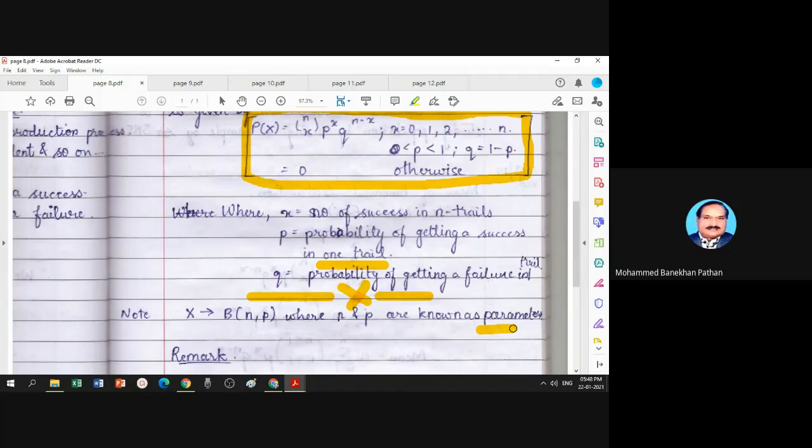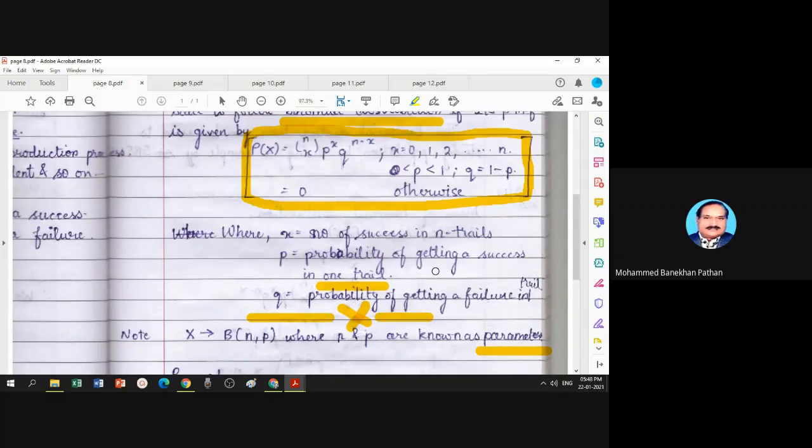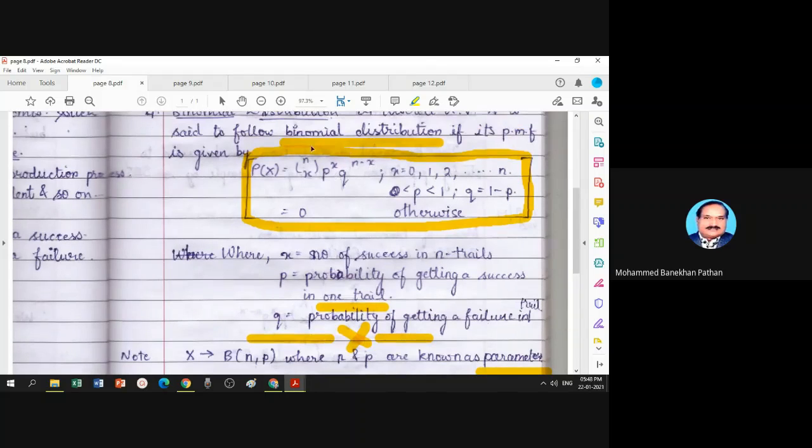Now, what is the concept of parameters? A parameter is nothing but an unknown constant given in the function. So this function depends on two unknown constants. One is small n and the other is p.